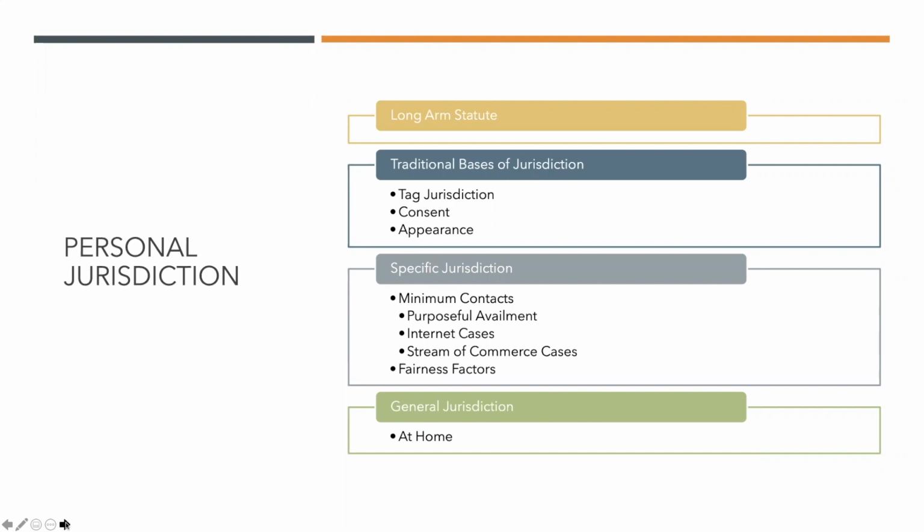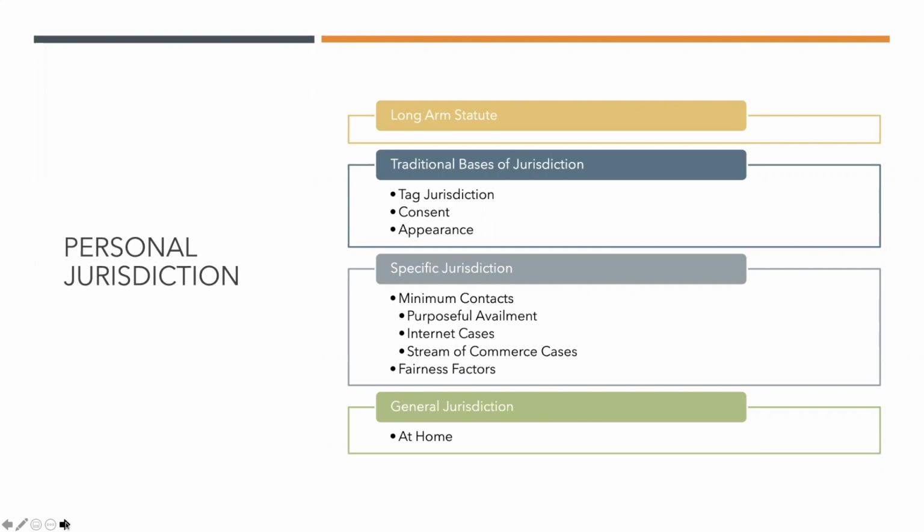However, there's an exception to that, which I would also write: an exception to tag jurisdiction exists if the individual is in the forum state, one, against their own will, or two, for another court proceeding in that jurisdiction. I would write that out because I'm pre-writing that rule. One, it's preparing me to look for that issue of tag jurisdiction on an exam. But two, I've already got my rule statement written if tag jurisdiction is an issue on the exam.